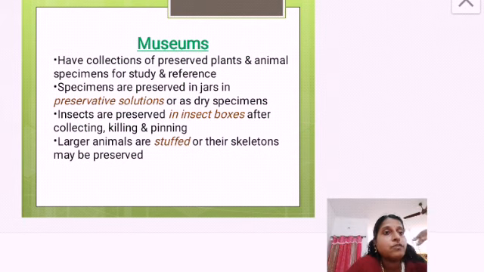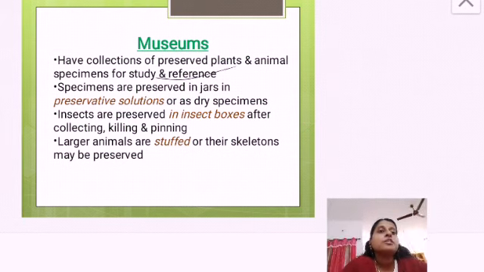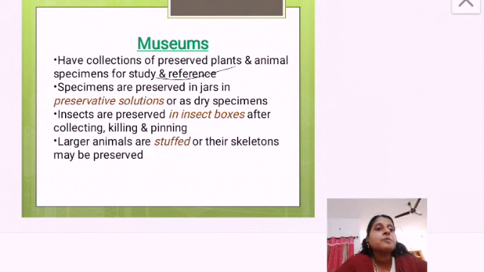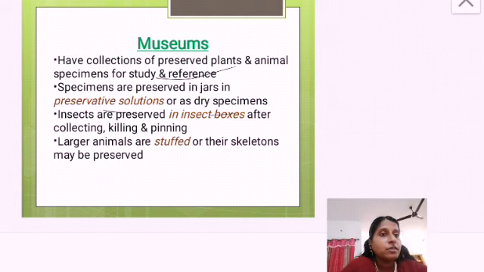They can be preserved for years. So museums have a collection of preserved plant and animal specimens for study and reference. Specimens are preserved in jars using what? Preservative solution. Insects are preserved in insect boxes after killing and pinning. All degradable parts are removed, then stuffed and preserved.